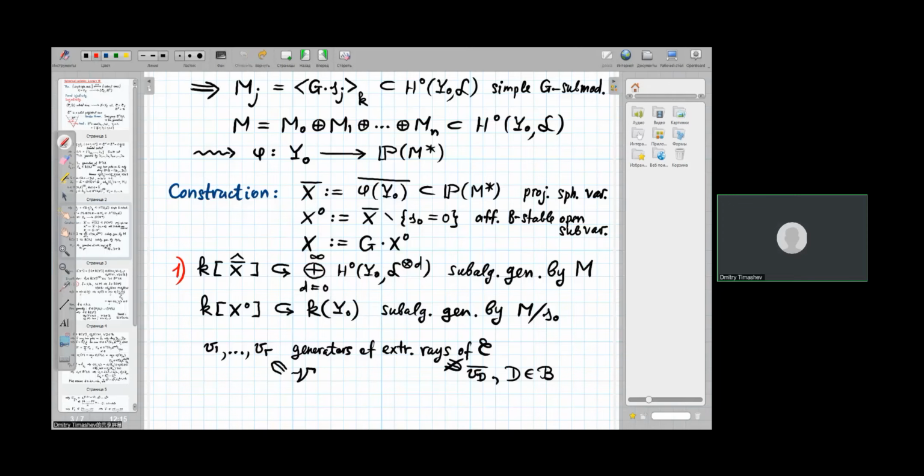So we have k of y naught, which contains k of x bar, which is contained in the fraction field of this guy.